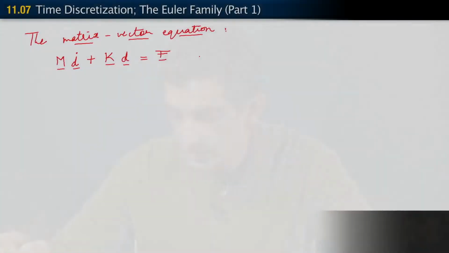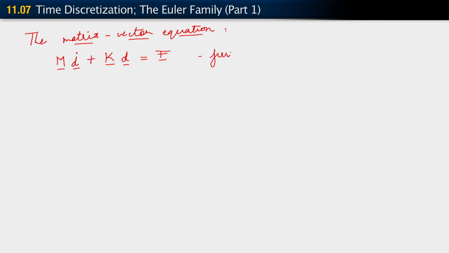Okay, so whereas we have this linear system of equations, essentially a first order ODE, ODE being ordinary differential equation, in our vector unknown d.